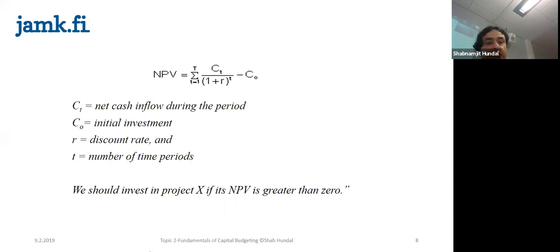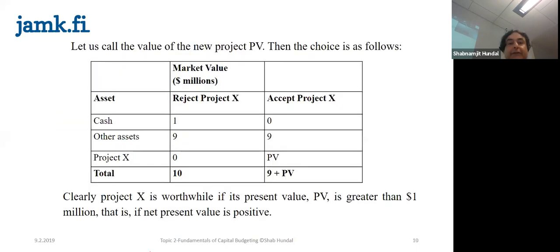And C0 is the initial investment, which you make right now. And then C1 would be the cash flow coming in at the end of year 1. C2 would be cash flow coming at the end of year 2, and 3 and 4 and 5, depending upon the project life. Here we go. The rule is very simple.